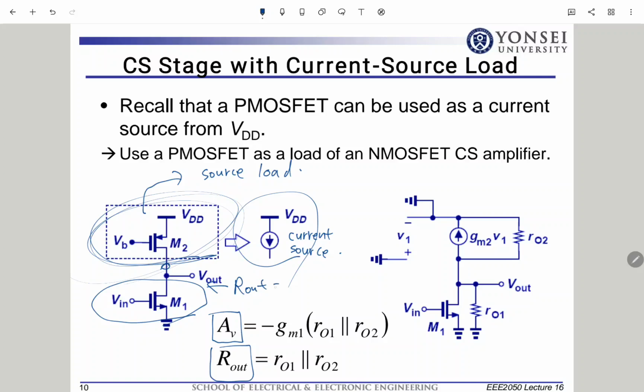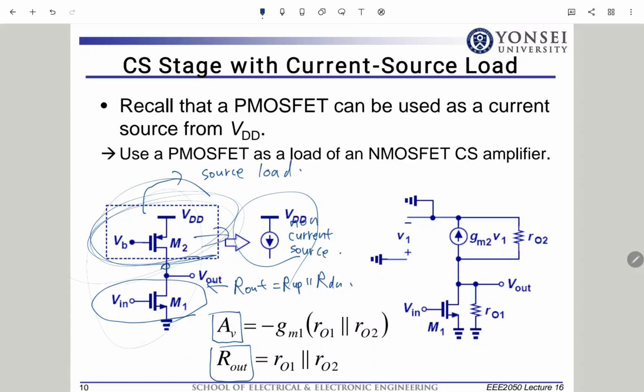R out is equal to R up in parallel with R down. What is R up in this case? Infinite? No. Because this is a non-ideal current source, because we just swapped.